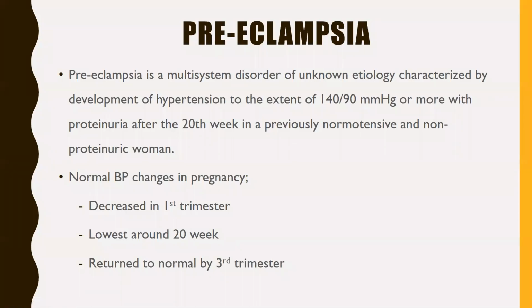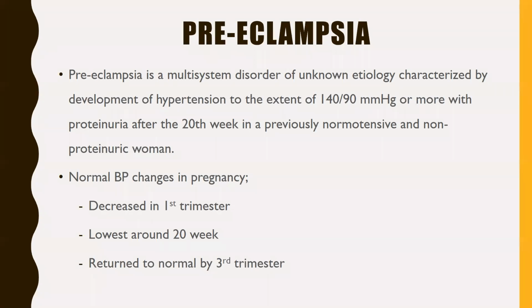Okay, so to talk about preeclampsia, this is a disease that affects multiple systems in the body. So it's a multisystemic disorder of unknown etiology. So the cause is not known most of the time, and it is characterized by the development of hypertension of 140 over 90 millimeters of mercury or more with proteinuria, after the 20th week of gestation.